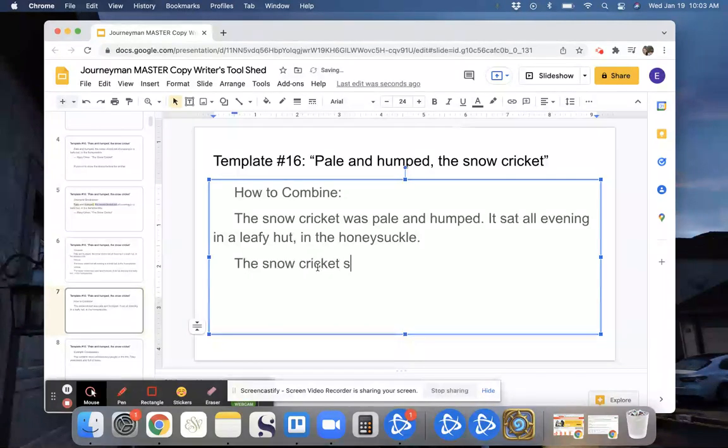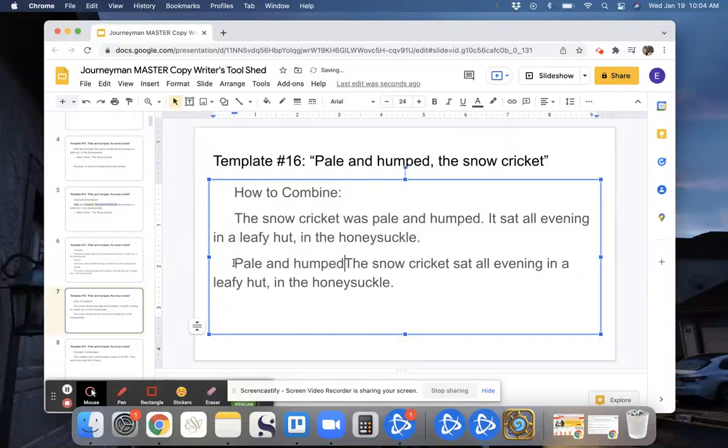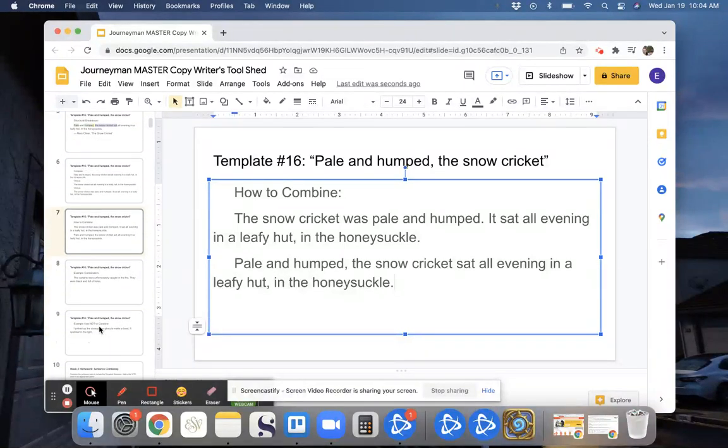The snow cricket sat all evening in a leafy hut in the honeysuckle. And then I'm taking my two adjectives and putting them over at the beginning with the comma separating them in between. And so now the two sentences are grammatically correct, they're combined, and they have the smooth flow to them.